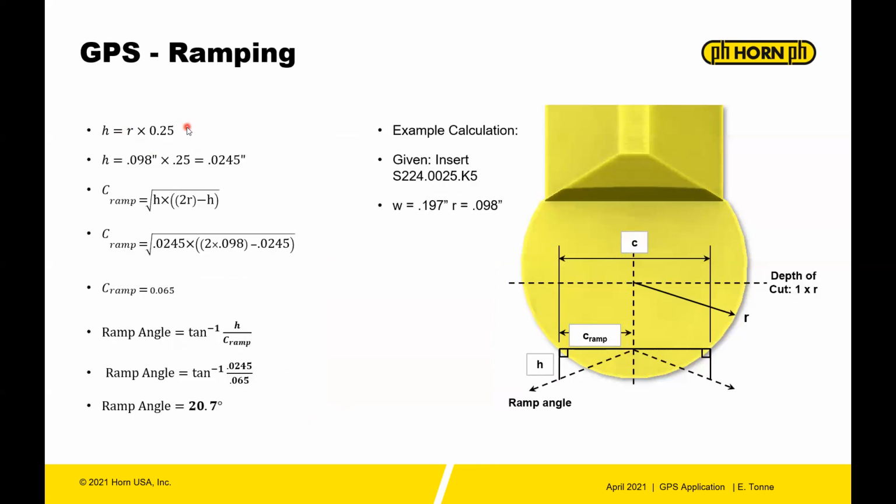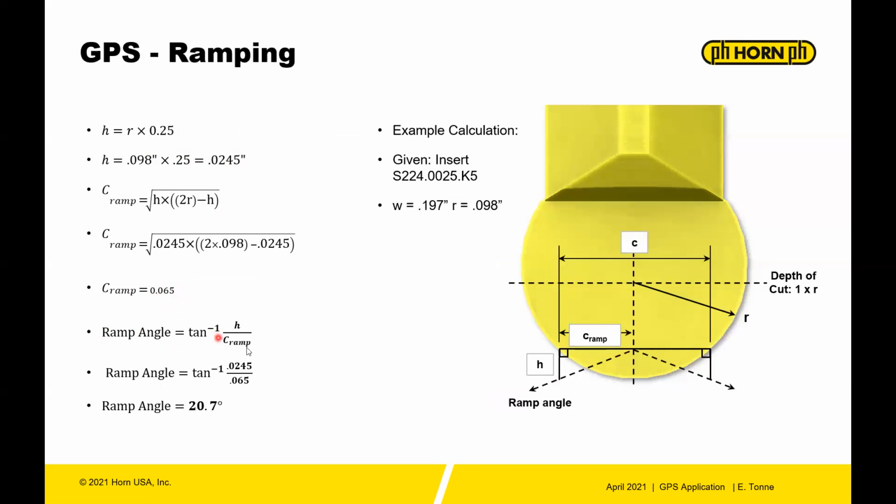Taking the example that we have, 98 thousandths times 0.25 is 24.5 thousandths. Your C ramp is H times 2R minus H, plug and chug all your numbers there. C ramp is 0.065 inches.